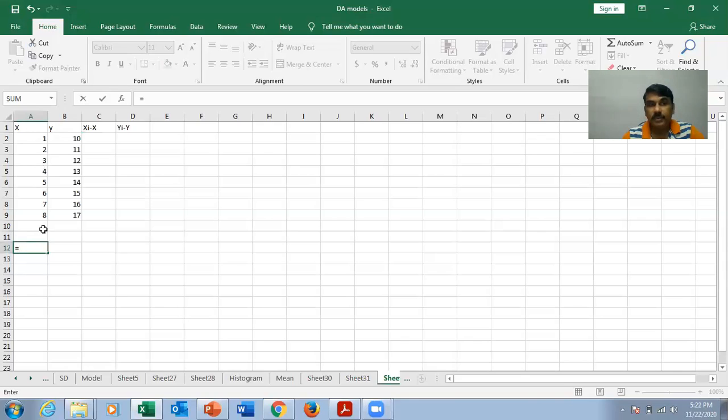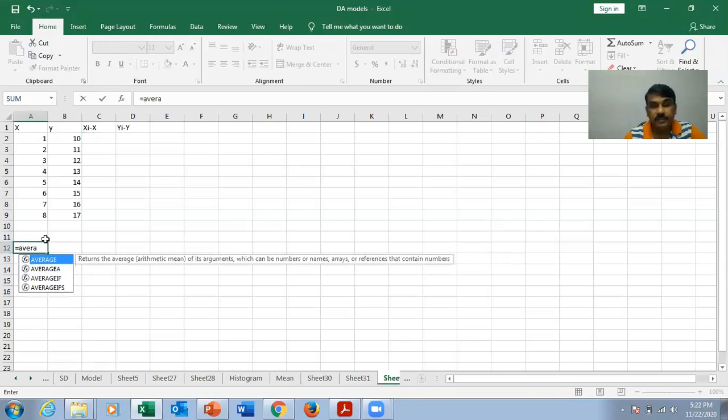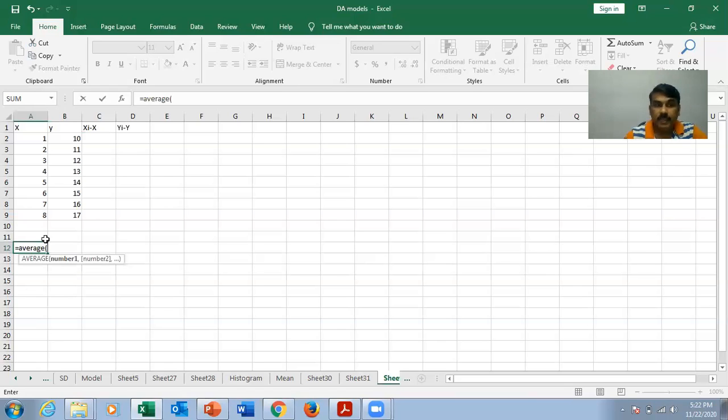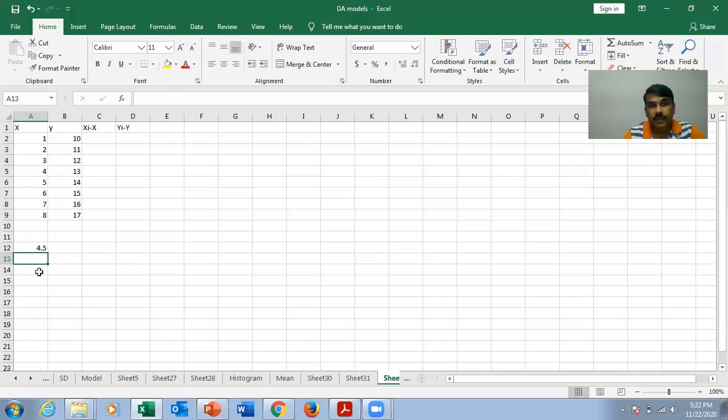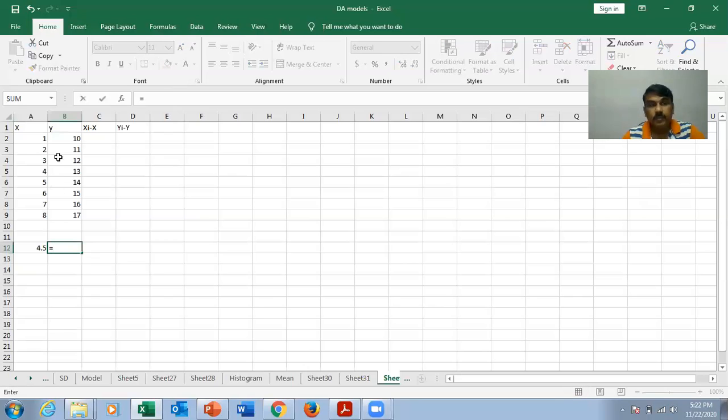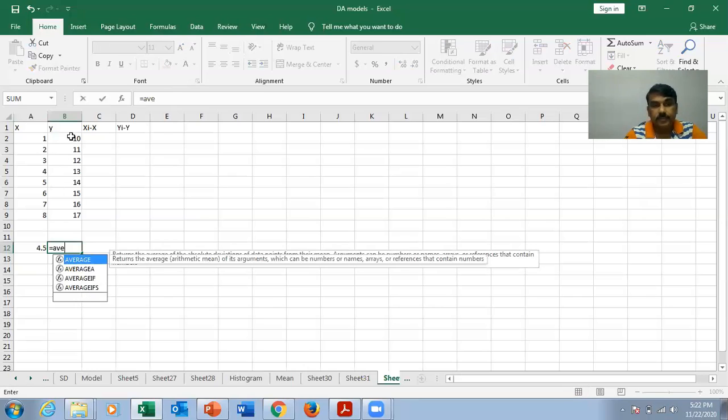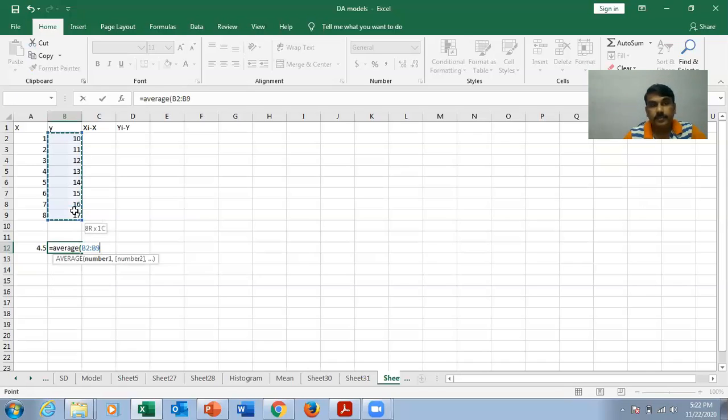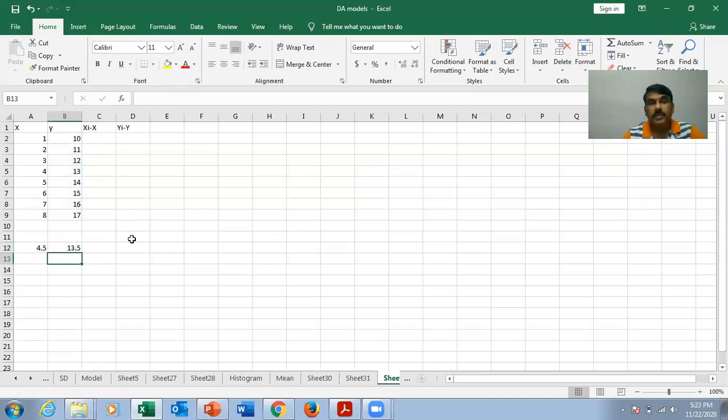So what I have to do is calculate the mean, AVERAGE, bracket close, enter. Now 4.5 is the mean value for this series, and now for this series again I have to calculate the average of the series, right?